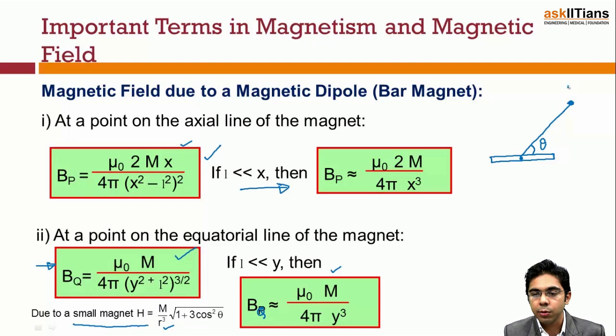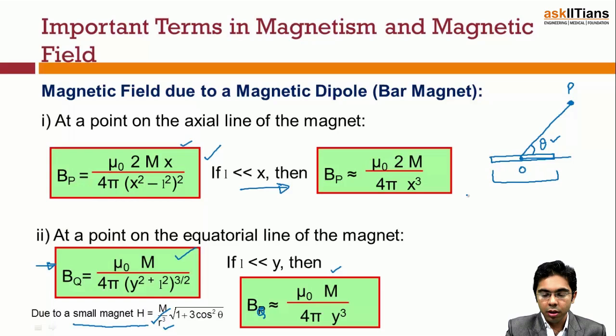The magnetic field at point P is m by r cube under root 1 plus 3 cos square theta, where theta is the angle between OP and the magnetic axis. Here 2L is very small compared to OP, and P is any arbitrary point.